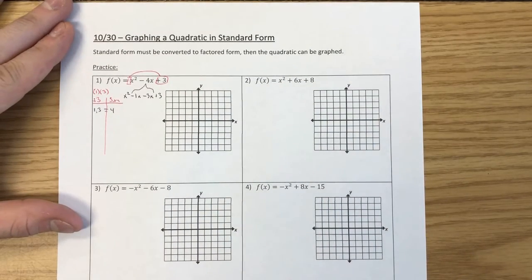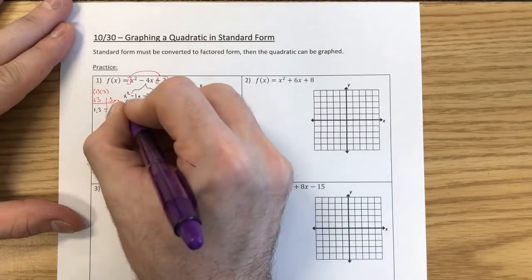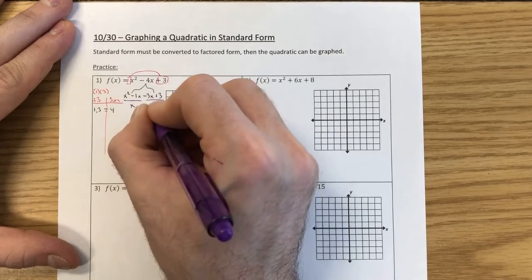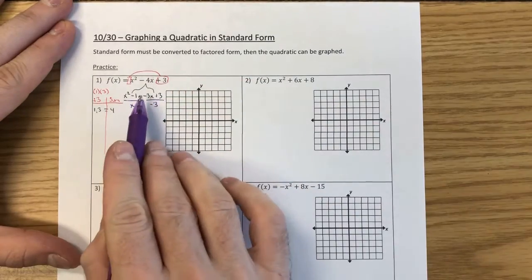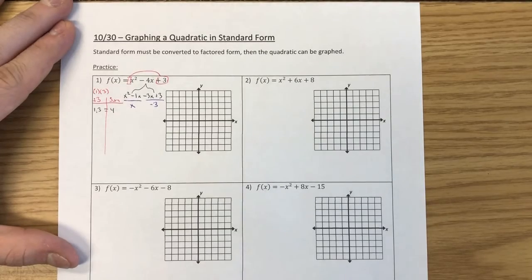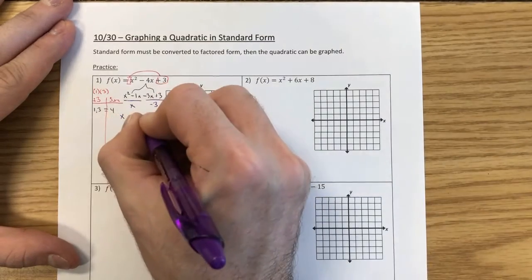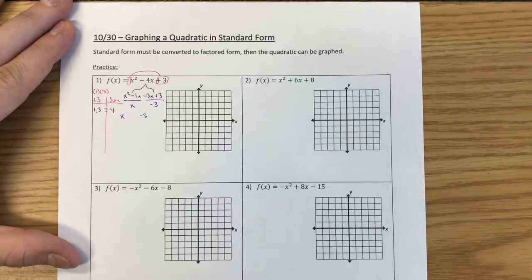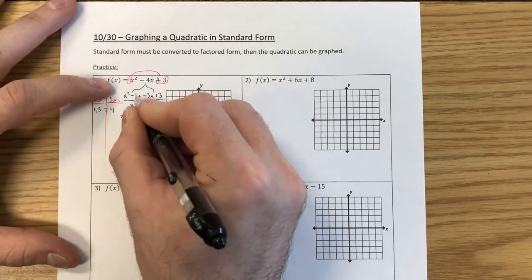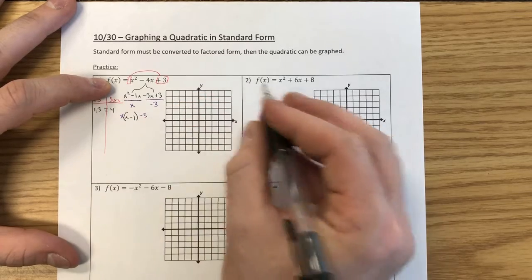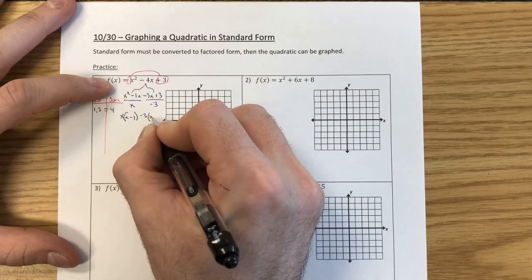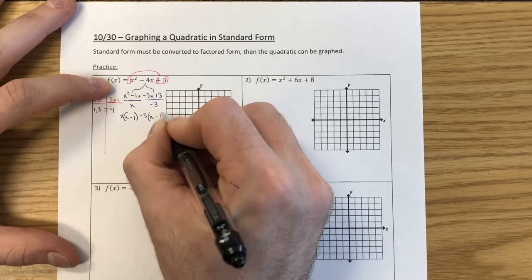And what this allows me to do is move forward and pull out my GCFs. Pull out GCF of x and of negative 3. Anytime I have a negative leading coefficient, I'm going to pull it out with it, which means that if I pull out an x and a negative 3, so I have x squared divided by x, negative 1x divided by x, negative 3x divided by x, so that's x, and then minus 1.